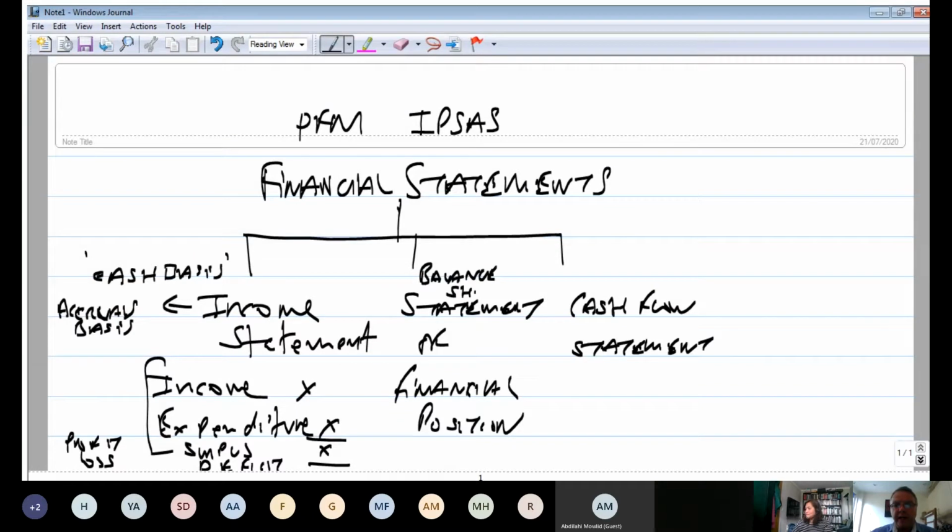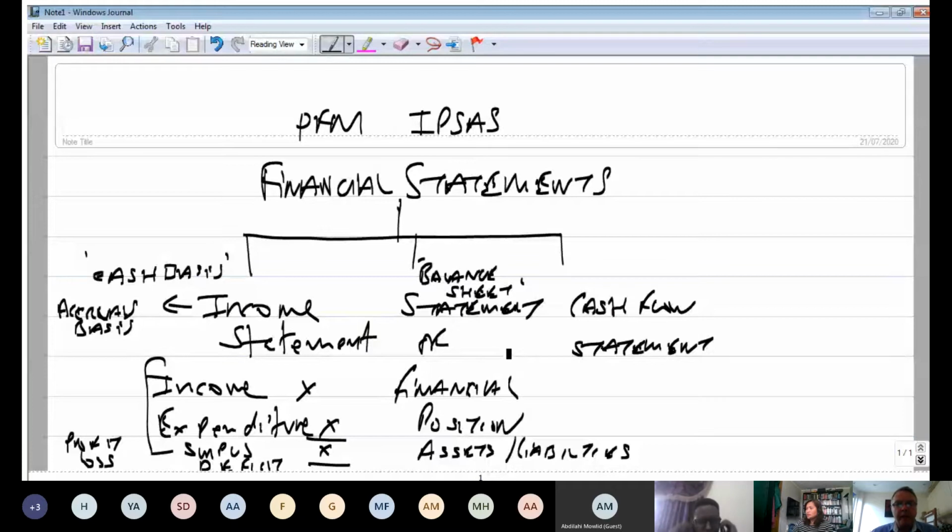Okay. The statement of financial position, also known as a balance sheet, if you've heard of that before, is basically a statement of all the assets and liabilities. Now, when you're using the cash basis, it's quite easy to say you have no liabilities because we pay out cash.